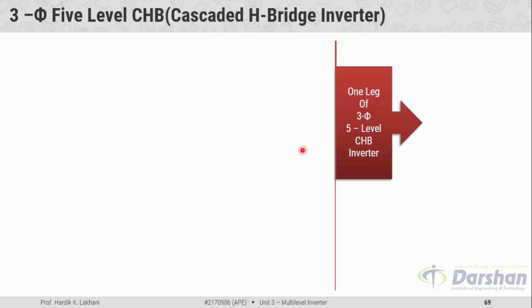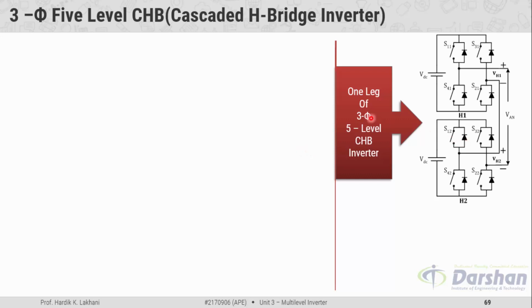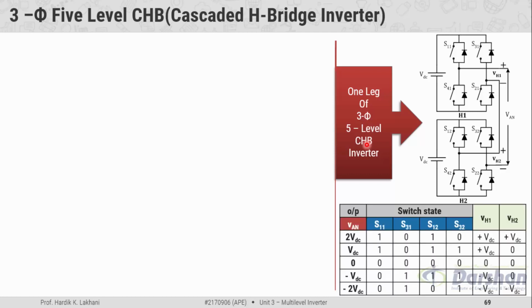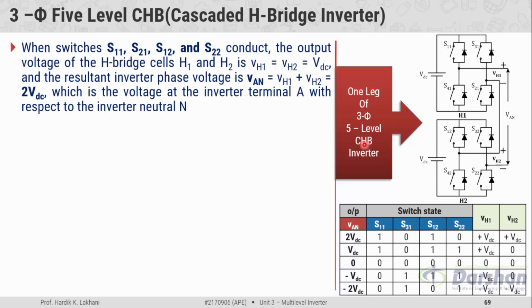Now let us understand how to produce a 5-level signal by considering only one leg of the 3-phase 5-level CHB inverter. This is the corresponding switching table. When the switches S11, S21, as well as S12 and S22, the diagonal switches in the upper H-bridge unit and the diagonal switches in the lower H-bridge unit conduct, the output voltage of H-bridge cell 1 and cell 2 is equal to VDC.